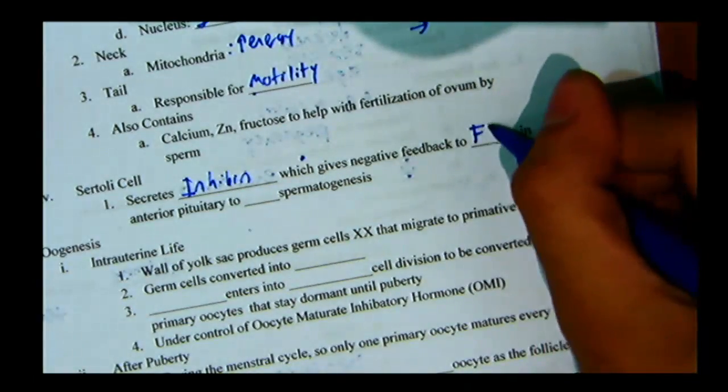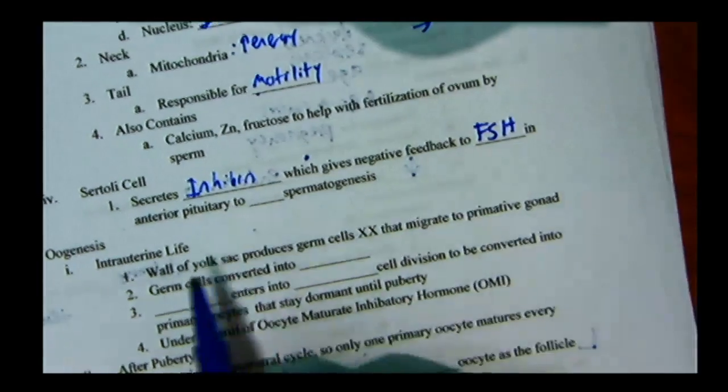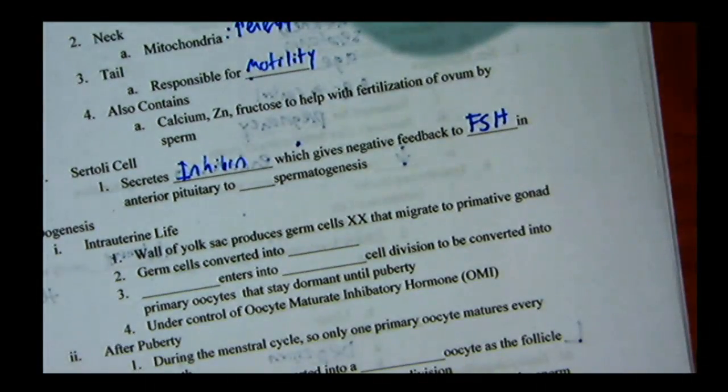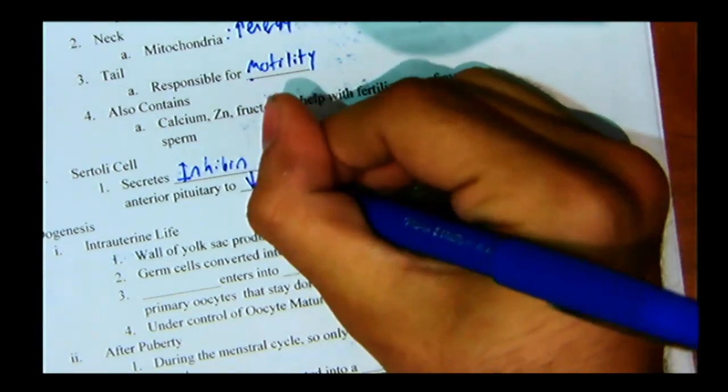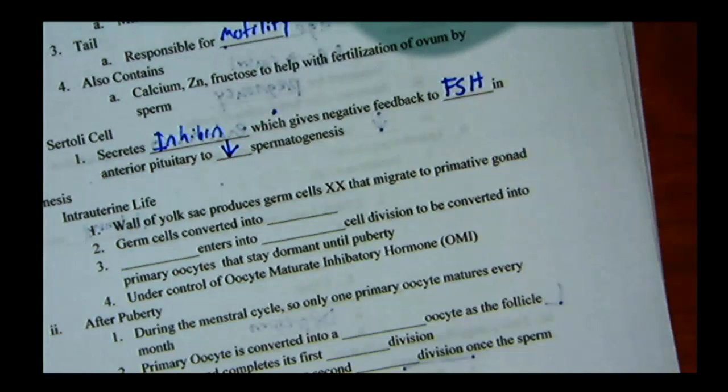So spermatogenesis. So if there's a decrease in FSH, what happens to spermatogenesis? Decreases. So this is basically a feedback mechanism. You don't want to be making too much sperm. So if you're making too much, Sertoli cells secrete inhibin, and FSH is decreased, so then spermatogenesis is decreased. Does that make sense?